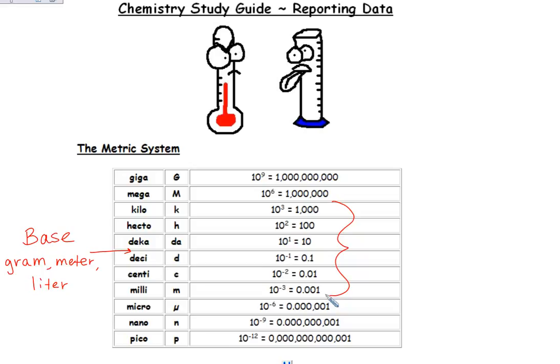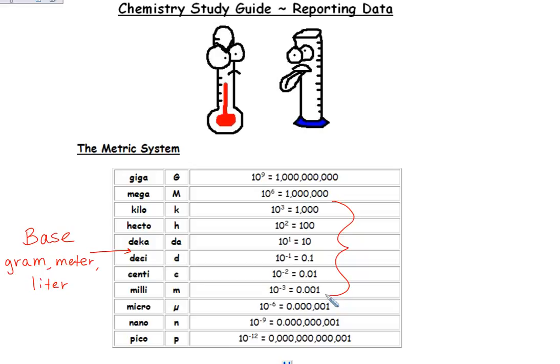It's super tiny, so we might say a nanometer or a picogram, something that would represent a quantity that's very, very small. But if that's the case, we can just look those up. The ones that we use more often are kilo through milli. A kilo means 1,000. So if you say you have a kilogram, you have 1,000 grams, 10 to the third. Hecto is 100. People always remember that one, right?